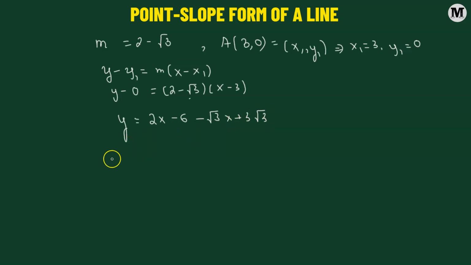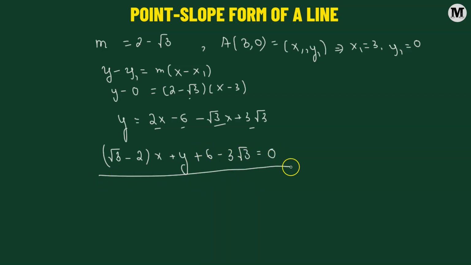Rearranging, we transpose negative square root of 3 x and 2x to the left-hand side, so we have (square root of 3 minus 2) times x plus y, and we transpose negative 6 and plus 3 square root of 3 to get plus 6 minus 3 square root of 3 equals 0. This is the required equation of the line, which was initially making an angle of 30 degrees with the positive x-axis, and then was rotated by 15 degrees and passes through the point (3, 0).